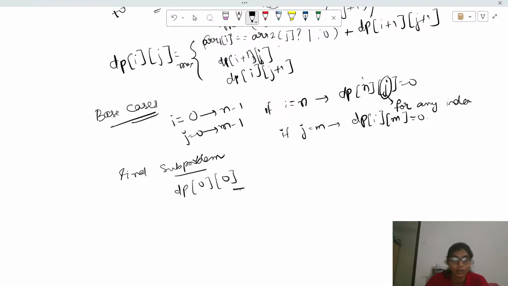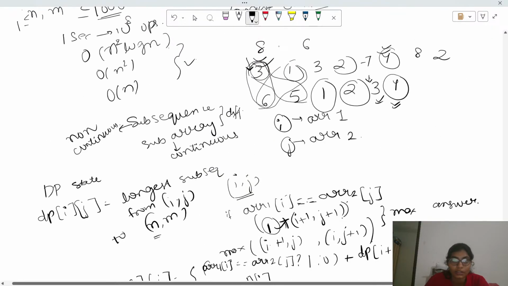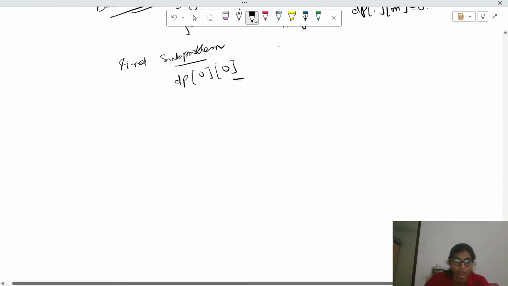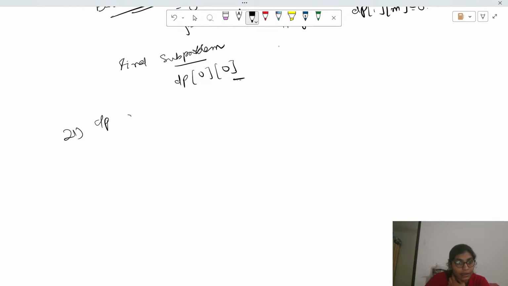Let's now talk about the time complexity. We have a 2D dp array of n by m size. These are the number of states. And for all these states, the time complexity is constant for every state calculation.